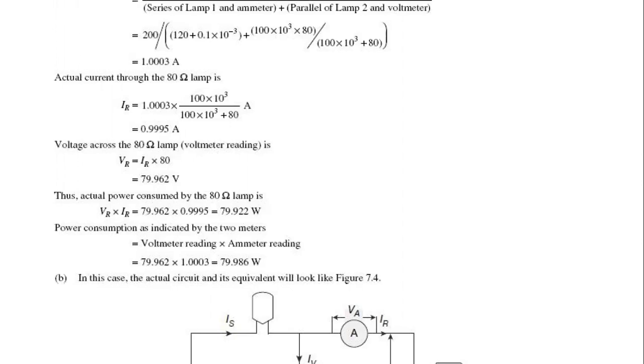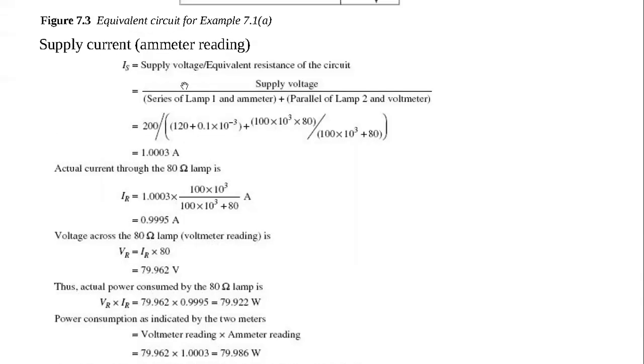So we are going to take the value that is indicated by the voltmeter times the value that is indicated by the ammeter. The ammeter, we saw, is indicating 1.0003 because we calculated that here, when we factored in the resistances of the instruments.